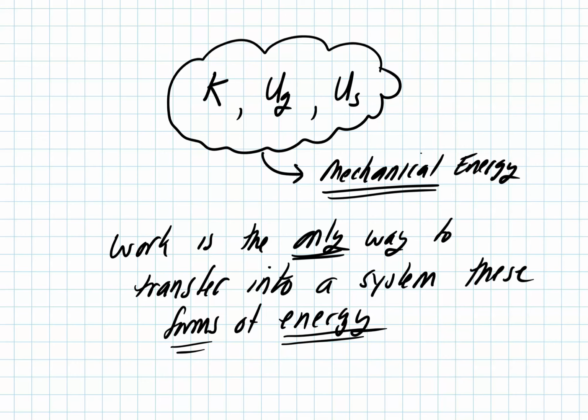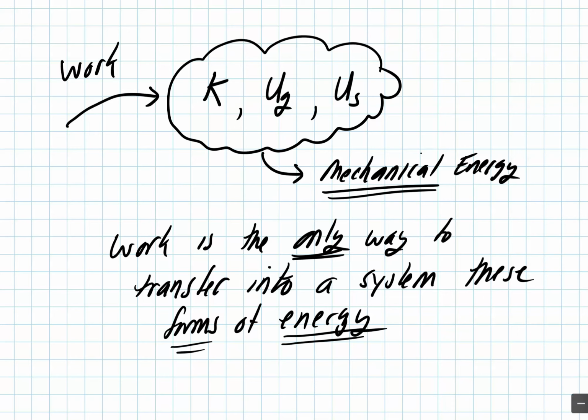Okay, so we lump these three forms of energy together: mechanical energy, kinetic, gravitational potential energy, and spring energy. And the way you transfer energy into or out of a mechanical system involving these forms of energy is by doing work.